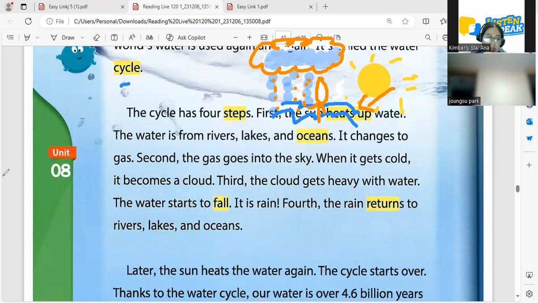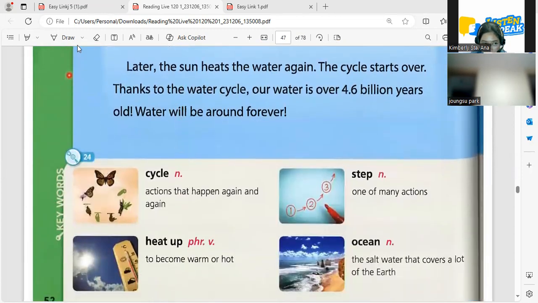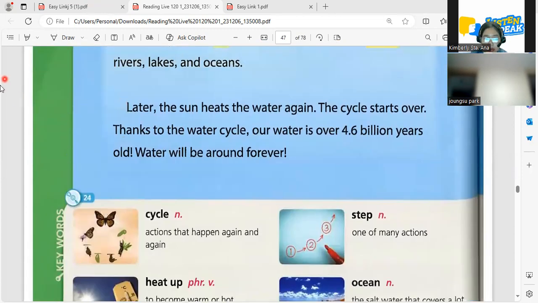Now let's try this one. Can you help me read the last part, Jimin? After the sun hits the water again, the cycle starts over. Thanks to the water cycle, our water is over 4.6 billion years old.